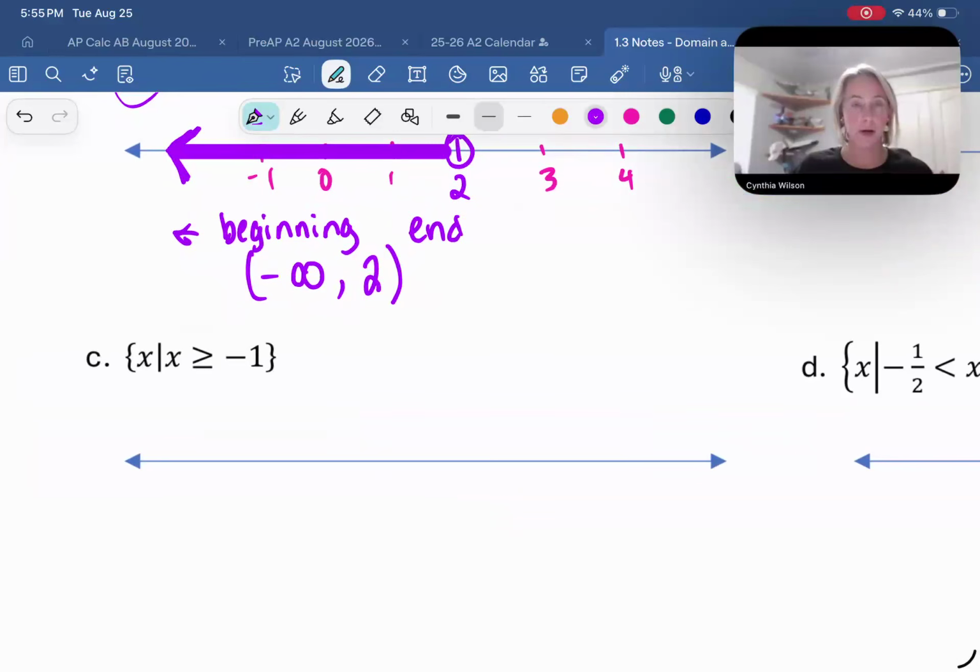Okay, moving right along. All x's where x is greater than or equal to -1. Put -1 on your number line. I don't care where you put it. In the chat, tell me if it's an open or closed dot. Good. Closed dot it is.